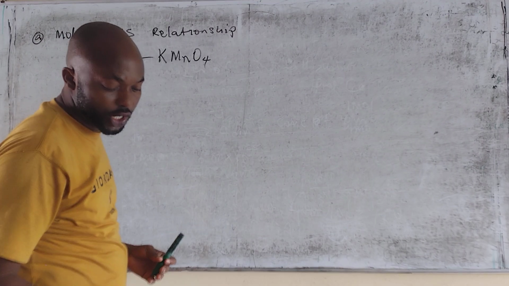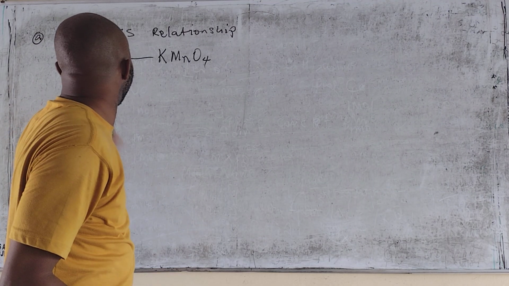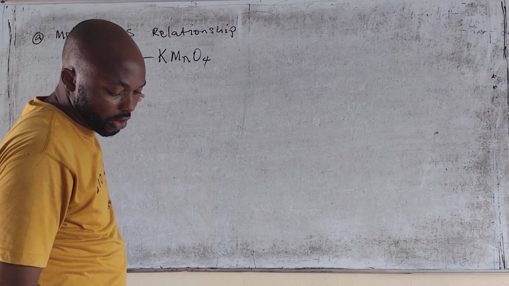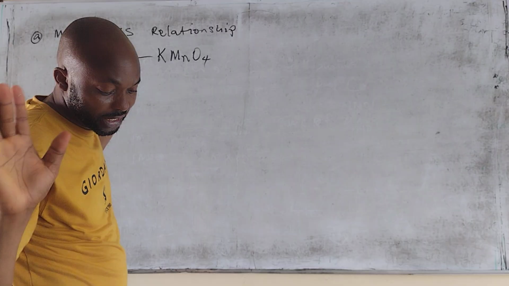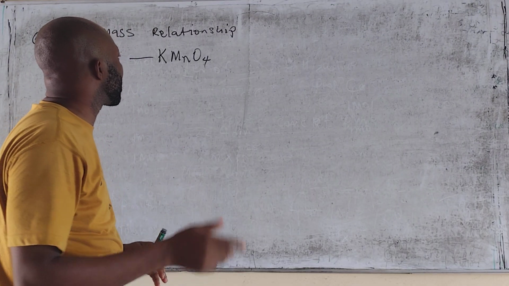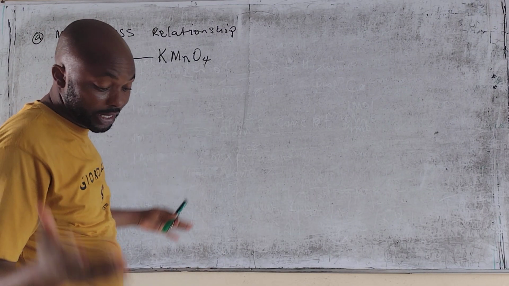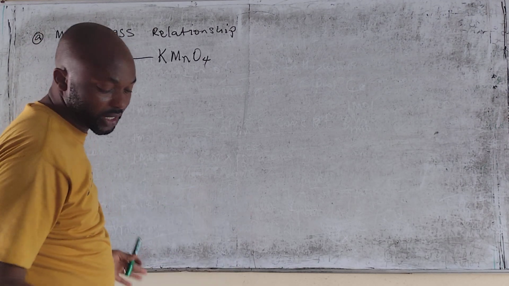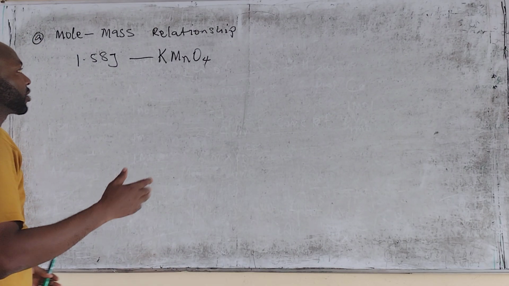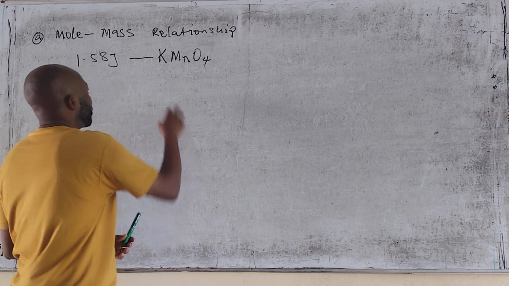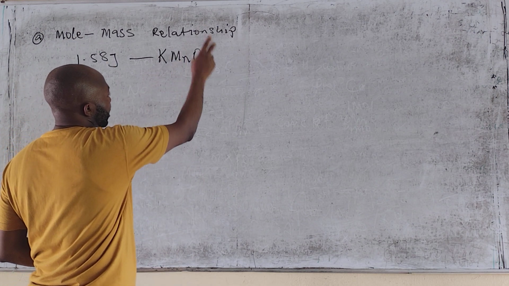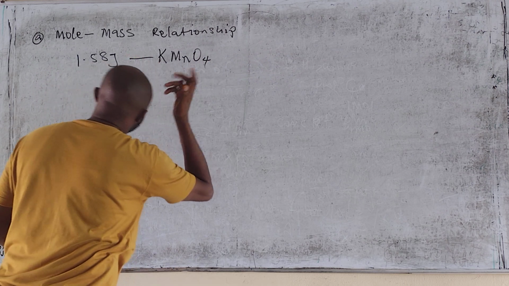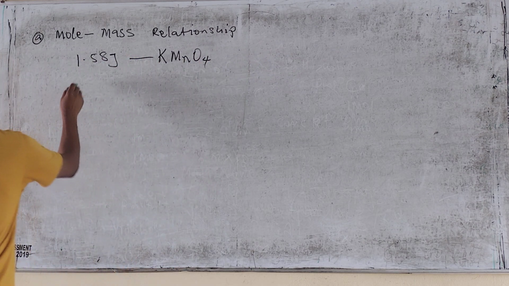The question again: calculate the number of moles in 1.58 grams of potassium tetraoxomanganate 7, that is given. So they will always give us the relative molecular mass of this, or we can derive it. It's 158. In order not to waste time, you calculate this: 39, manganese will be given, oxygen 16 times 4 and all that. So it's 158 generally.